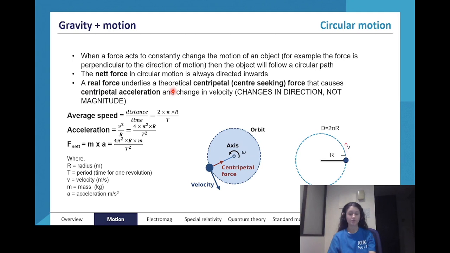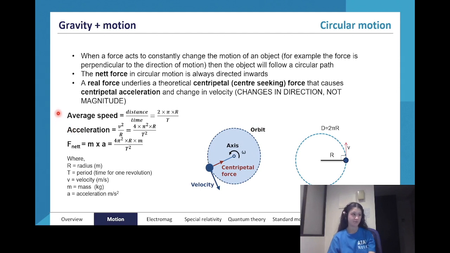Remember, the velocity is changing. However, the only reason the velocity is changing is because the direction in which the object is moving is constantly changing, but its speed is not changing. So the velocity changes in direction, but not magnitude. The ball is moving at a constant speed, but it's changing direction.